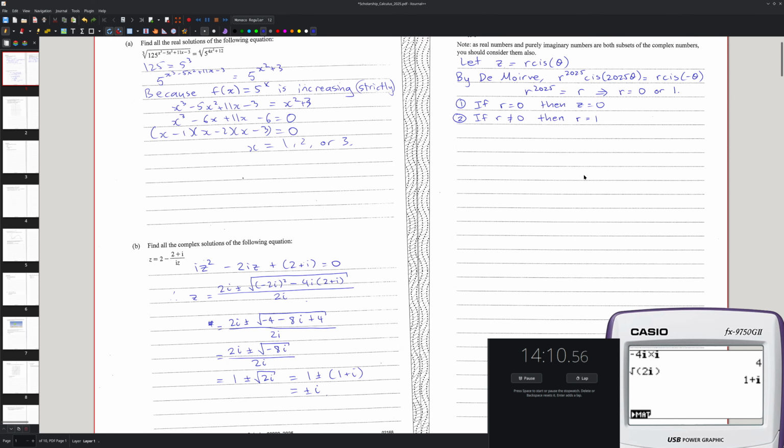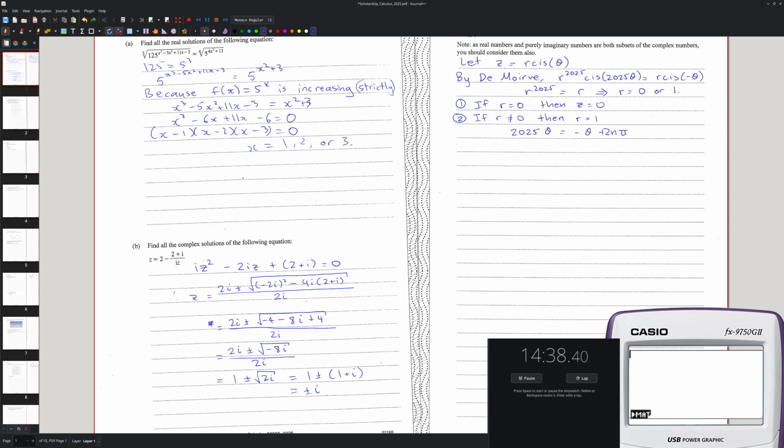And then so 2025 theta is equal to negative theta plus n pi, right? Or is it 2n pi? Wait, I think this is in the formula sheet, guys.